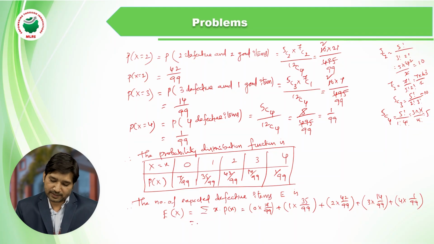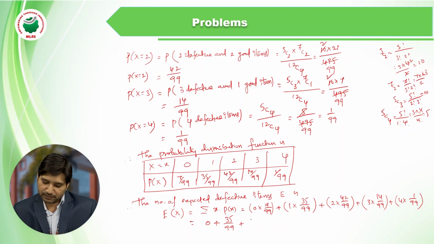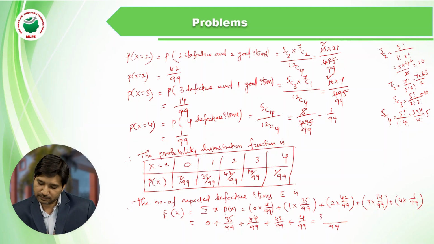We can calculate this one. 0 into anything is 0, plus 1 into 35 is 35, and 2 into 42 is 84 by 99. 3 into 14, 3 fours are 12, 42 by 99, and 4 by 99. Take 99 as the LCM, common value. Substitute: 35, 84, 42 plus 4.